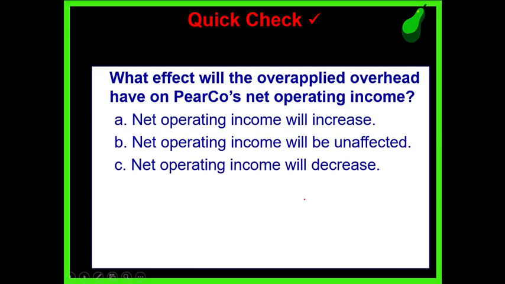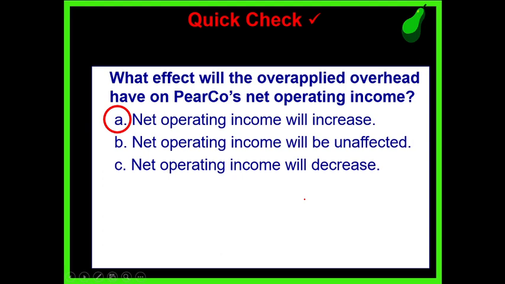Okay, quick check. What effect will the overapplied overhead have on net operating income? Okay, so kung overapplied yung overhead, ano raw yung effect niya? So, sobra yung cost, kulang dapat. Diba? Pero, tingnan nyo yung sagot niya. It will increase. Mali kasi yung question dito.